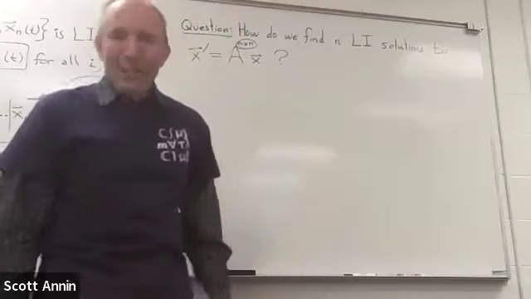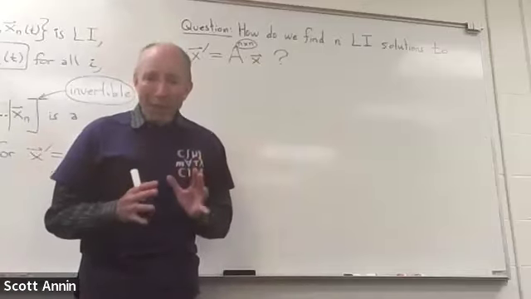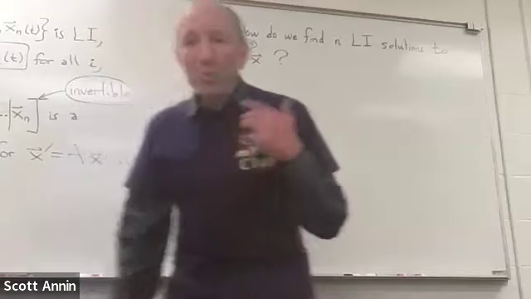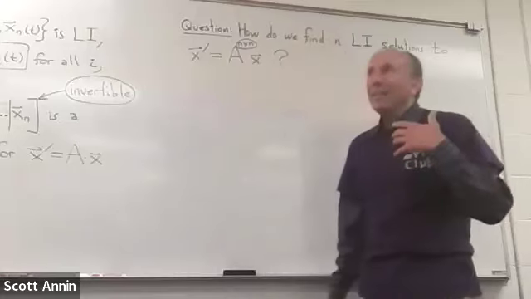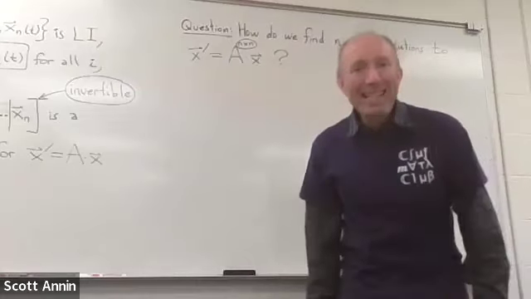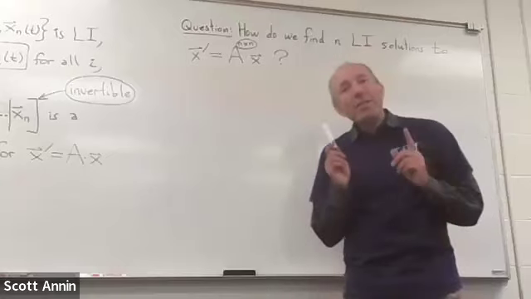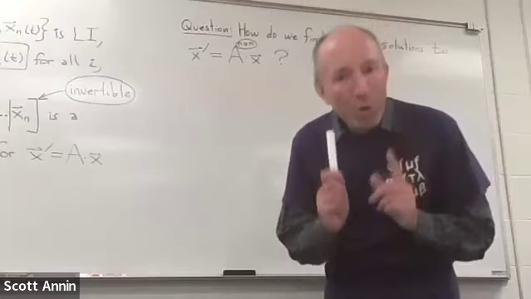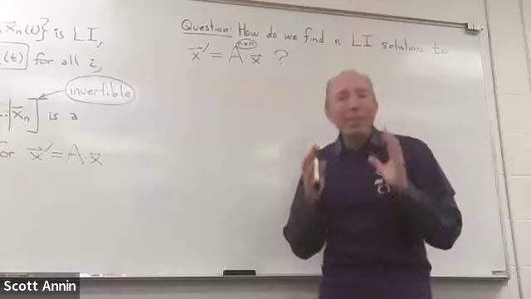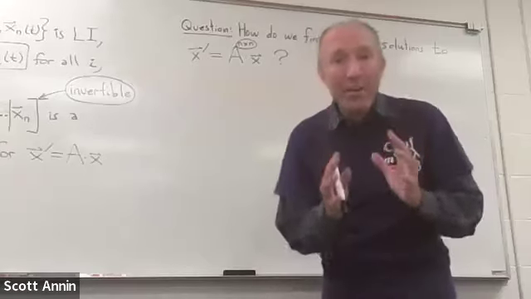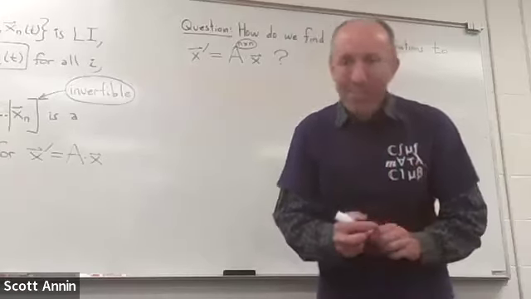And the answer is an absolute thing of beauty. I absolutely love it. This is one of the reasons why this is my favorite material to teach, because this is going to take us back one more time to a very important part of our linear algebra training, okay?